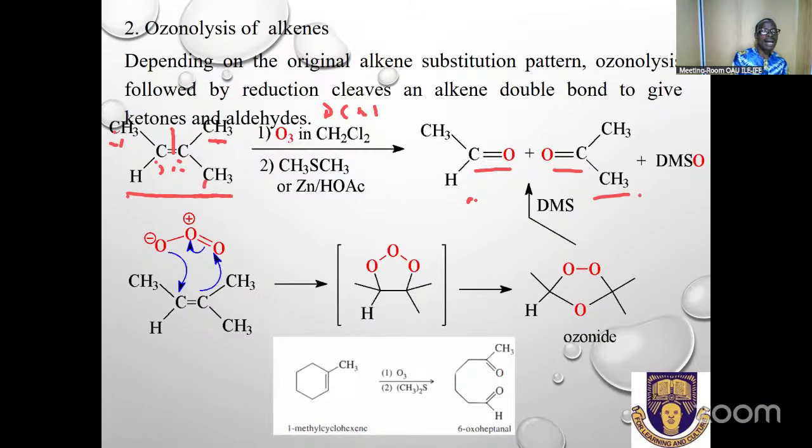So from 2-methyl-but-2-ene, an aldehyde, which is ethanal, and also propanone or acetone, is obtained as the product of ozonolysis of 2-methyl-but-2-ene. Now, let's look at the mechanism.